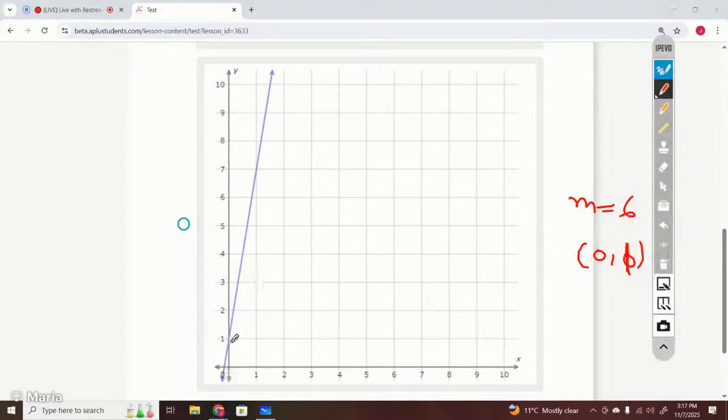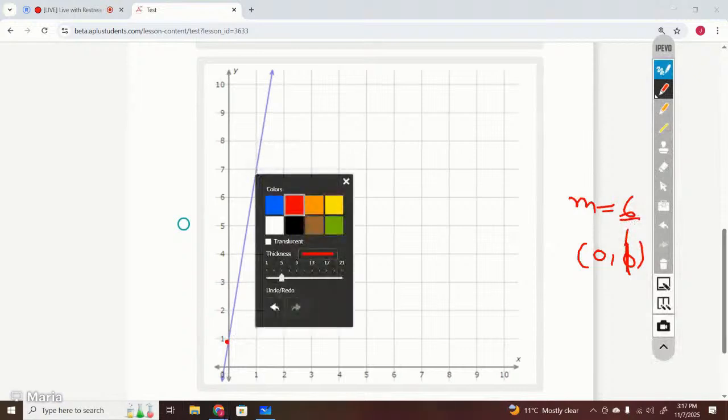X is 0, y is 1. Here is the point, right? And the slope is 6 over 1. Go up 6 points and right 1 point. Here is the point 6 and here is the slope, the other point, right? 1 and 6 it is.